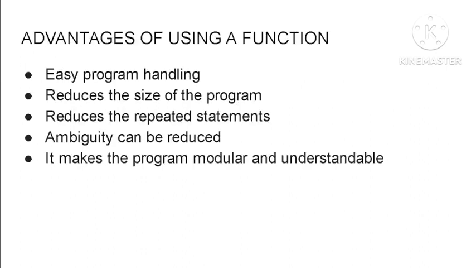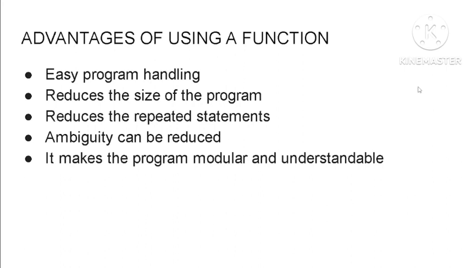Next, what are the advantages of using a function? You can handle a program easily when it is divided into modules. When a program is divided into modules, every module is called a function, where you can easily correct errors. So it becomes very easy to handle programs. It reduces the size of the program, as I told you.